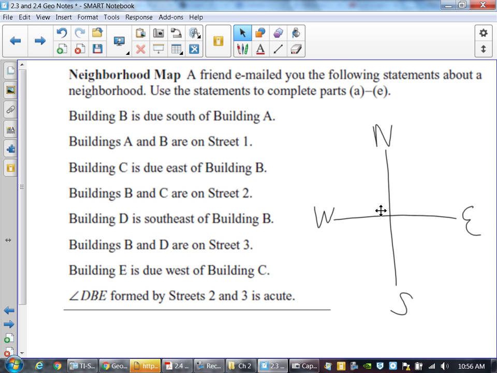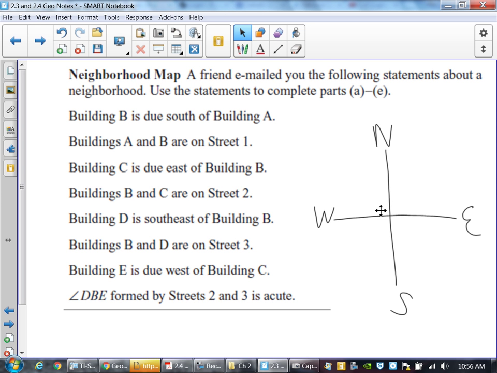Yes, sir? No. Hey, this is a good question, though. What if you say something is east, northeast, it means it's more this way than it is that way. Yeah. You get into bearings and stuff like that.